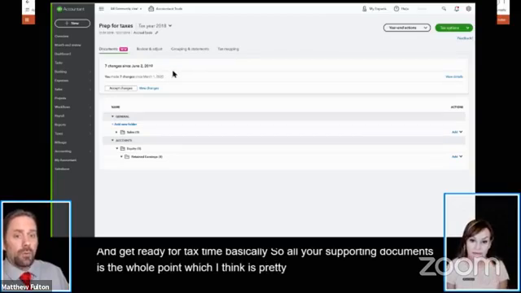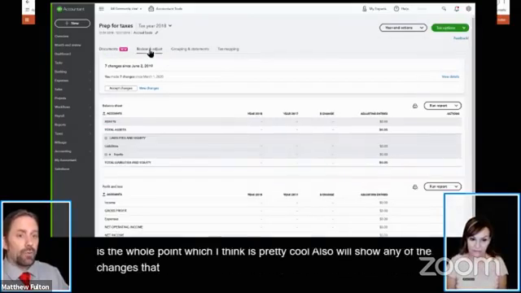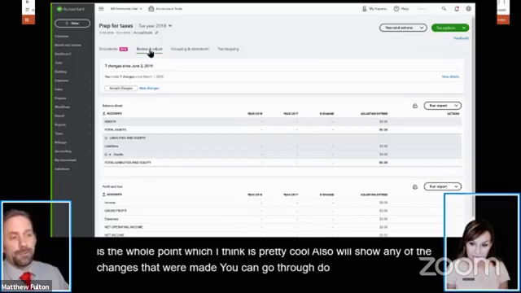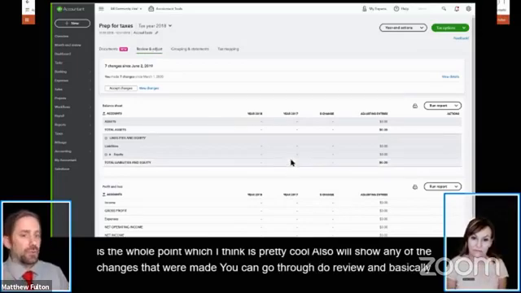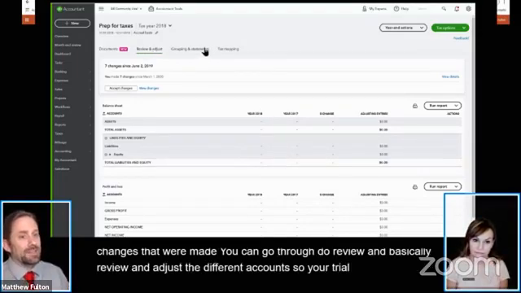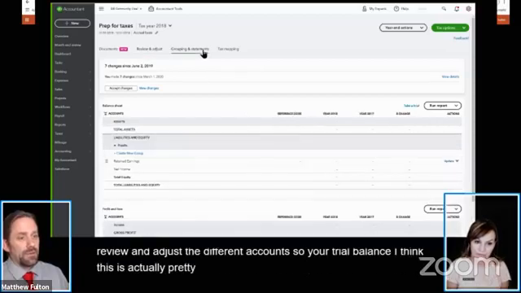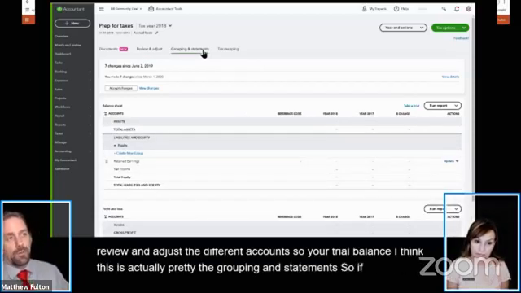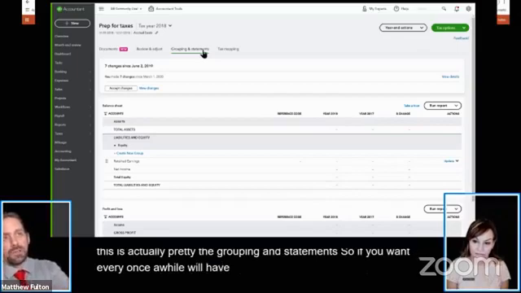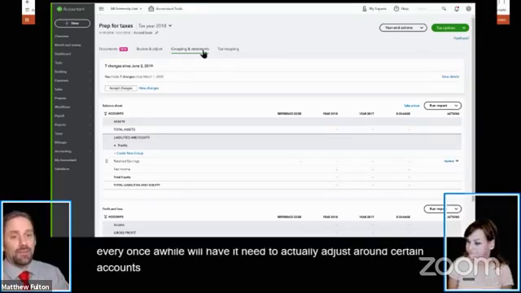It also will show any of the changes that were made. You can go through and review and adjust the different accounts. So your trial balance. I think this is actually pretty neat, the grouping and statements. Every once in a while, we'll have a need to adjust certain accounts into different groups. This gives you that capability.